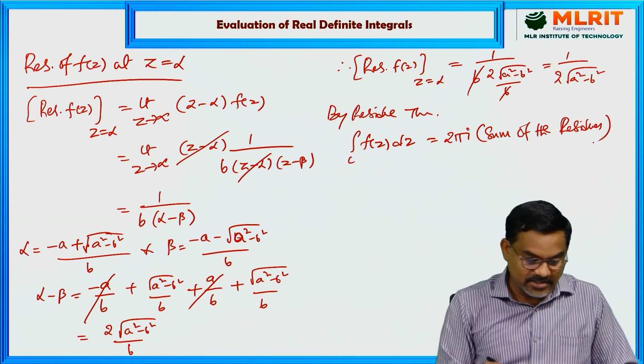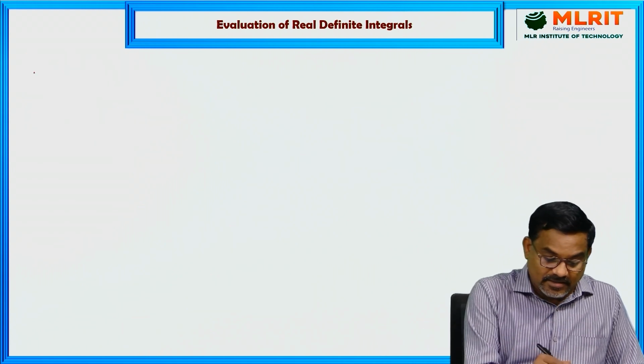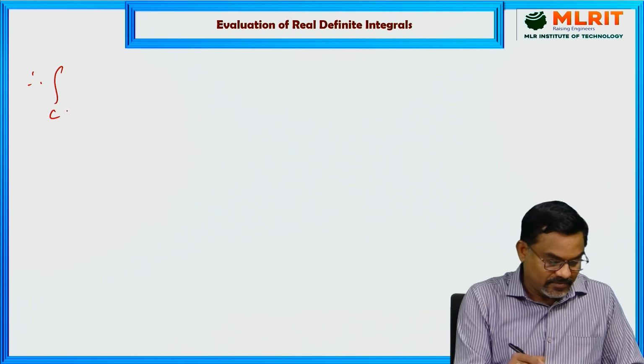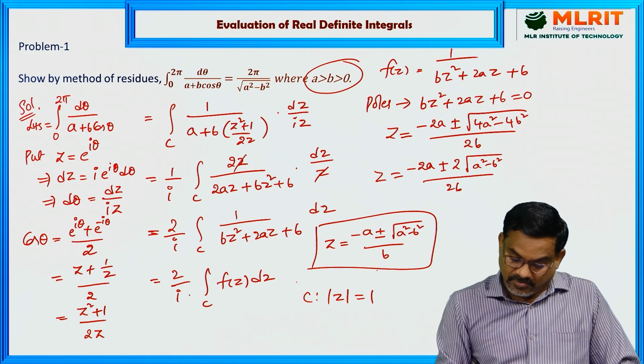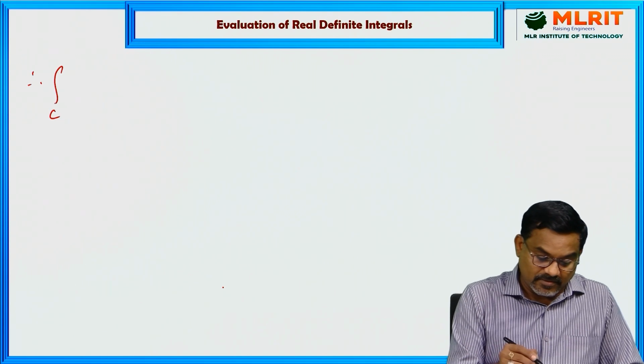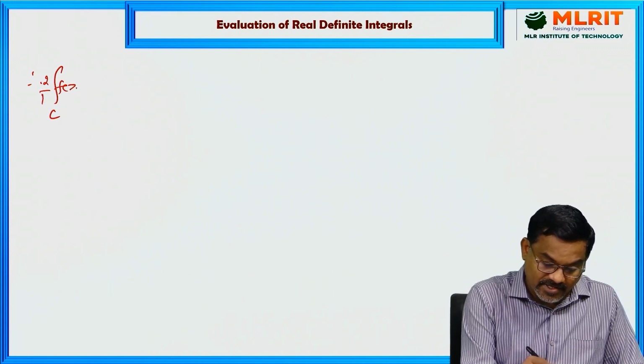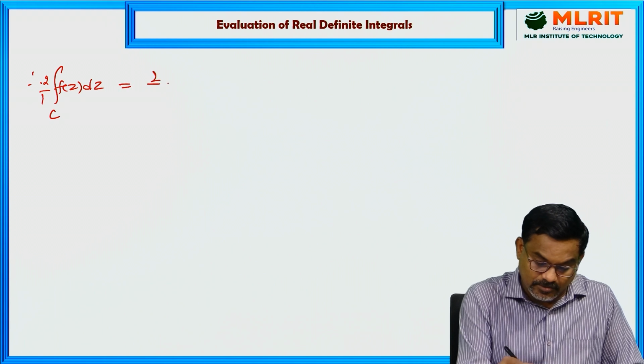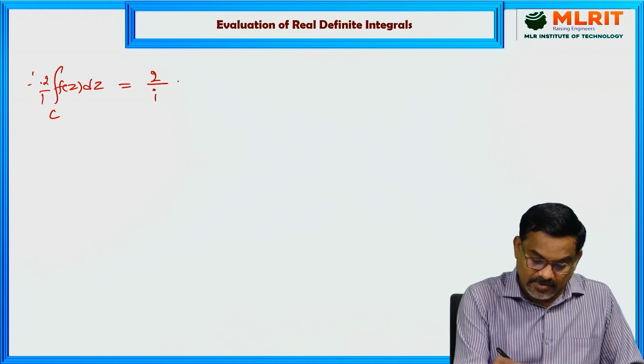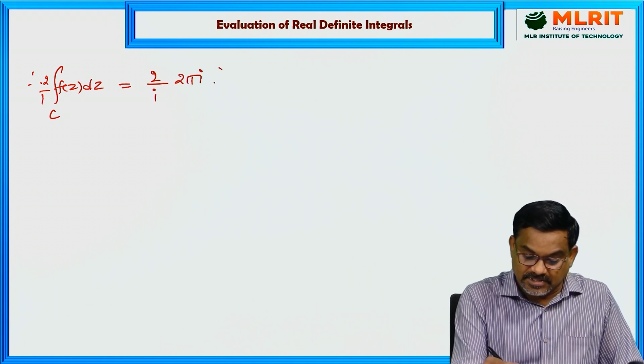So using this, we can evaluate the line integral of the given function. The line integral of this function, 2 by i into f of z dz, is equal to 2 by i into 2 pi i into the sum of the residues.